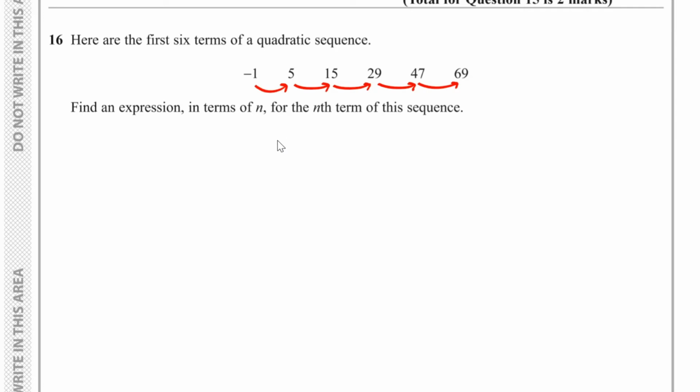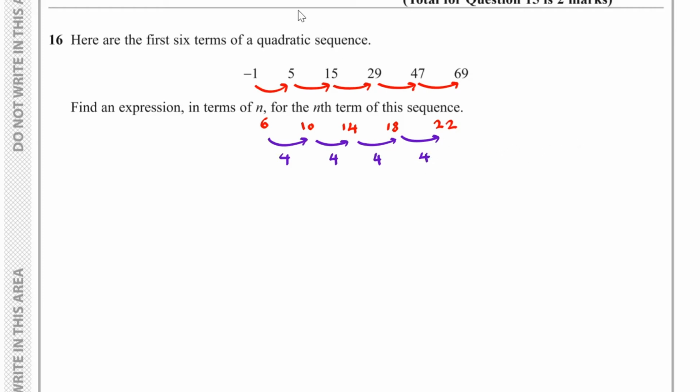So the difference between each term here, we have 6, 10, 14, 18 and 22. We can then find out the difference between each of these terms. So the difference between each of these terms is 4.